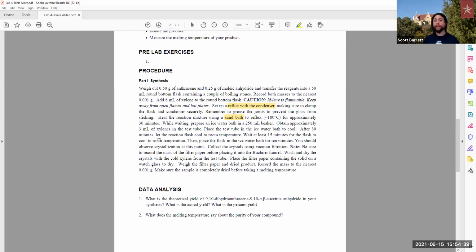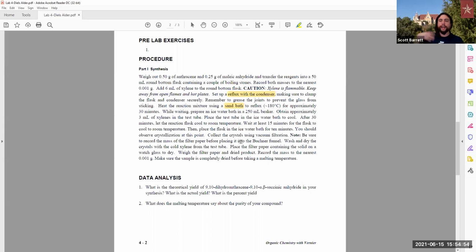We're good to go. Then take the flask over into the ice water bath and let it sit there to cool down. That's when we'll see the crystallization. So actually this heterocyclic structure can crystallize out of the xylene solvent, because it's kind of like in your previous labs, you probably had a recrystallization where you saw that something can dissolve at very high temperatures.